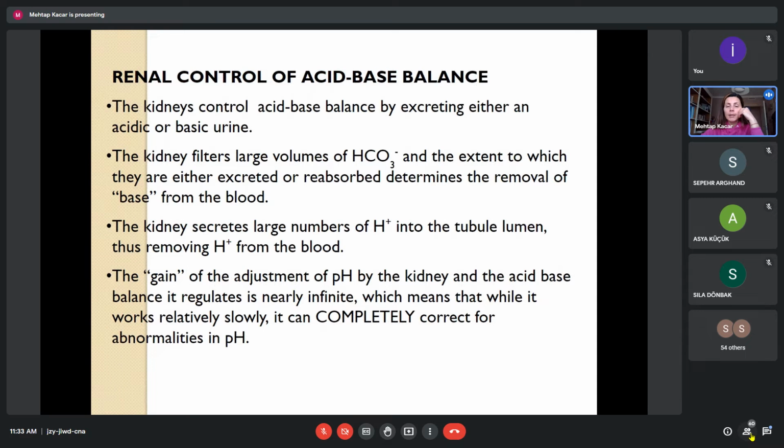Kidneys control acid-base balance by excreting either an acidic or basic urine. Kidneys filter a large volume of bicarbonate ion. We filter bicarbonate ion and later reabsorb it. And because of reabsorption of bicarbonate, we excrete one hydrogen ion and we gain one bicarbonate ion from our kidney.